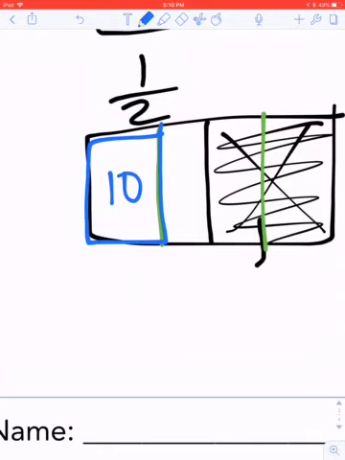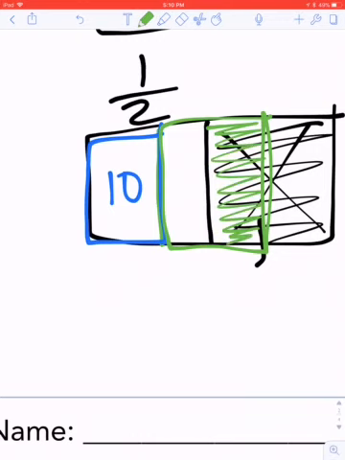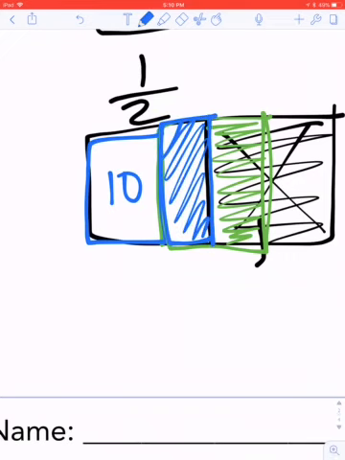But my next portion is really right here. So I don't have the whole thing. This section is not there. So I can't get a full another cup. But if we notice, this blue section here and this green section here are equal.